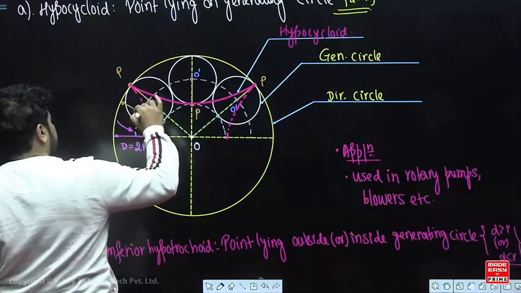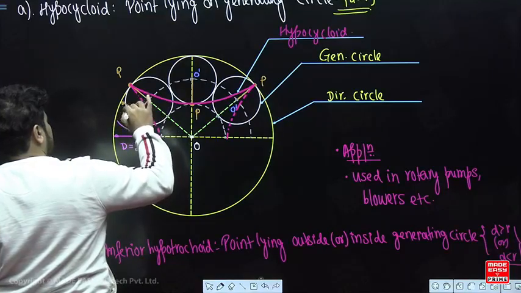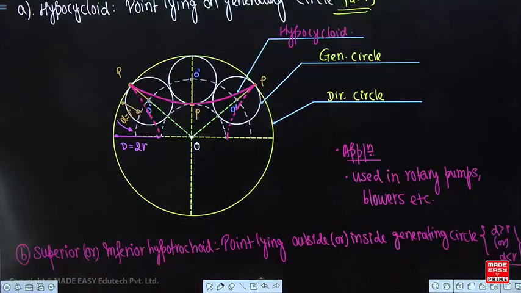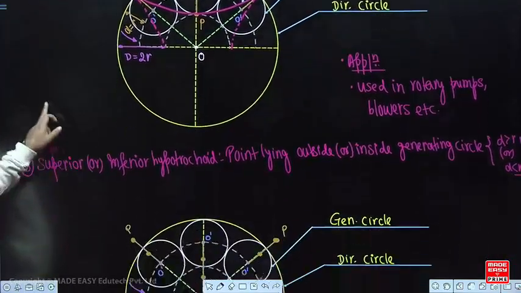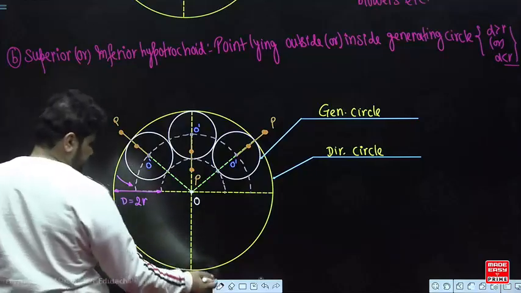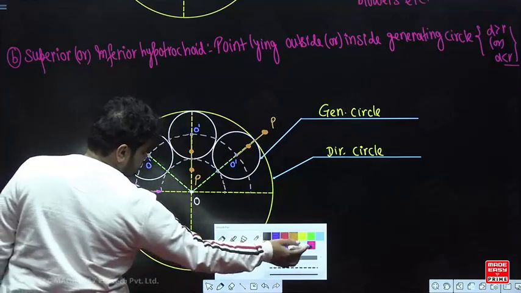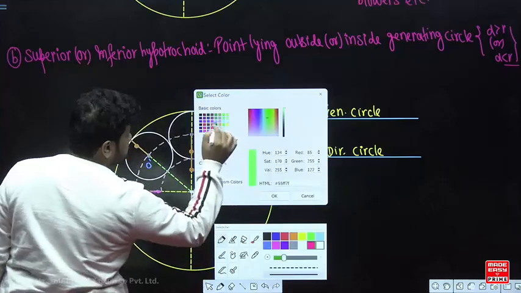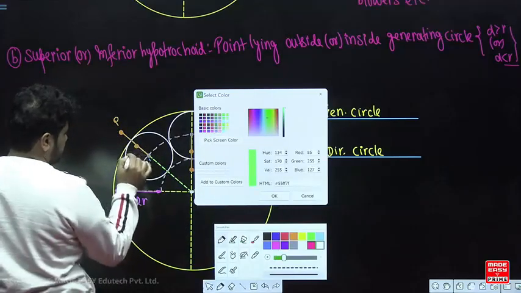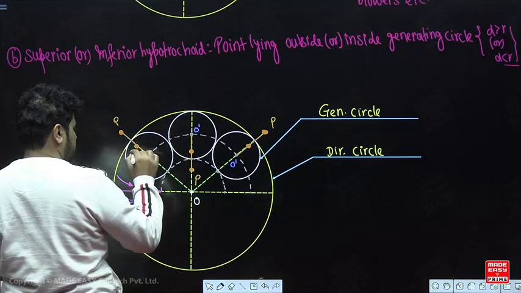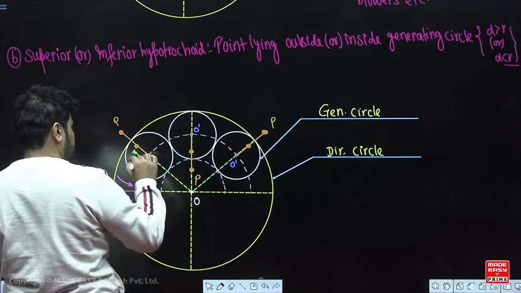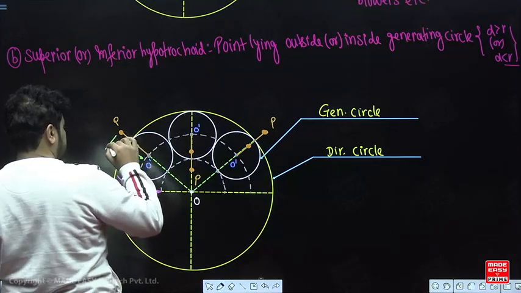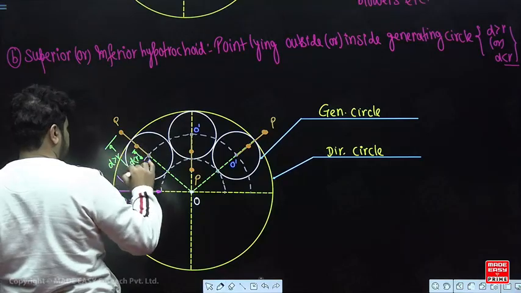Well, this was your D is equal to R. In the first figure D became equal to R. So in the first figure it was D equal to R. Here we see D less than R, D greater than R.